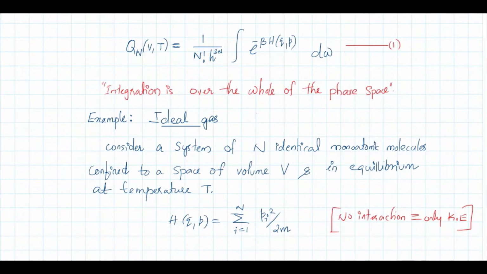So H of q,p is equal to the sum over i equal to 1 to n of p_i squared by 2m. There is no potential energy term because we are considering that the system is a non-interacting one. There is no interaction between these molecules, so we have to consider only kinetic energy. And since we are considering monoatomic molecules, there is no rotational energy, vibrational energy, etc. So the Hamiltonian is the sum over i equal to 1 to n of p_i squared divided by 2m.